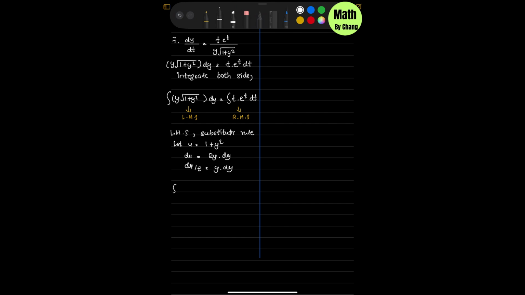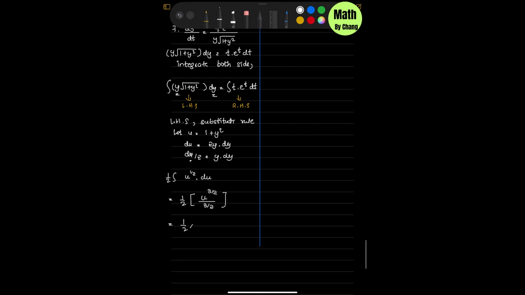So we have the integral of √u, with y dy giving du over 2. So 1/2 goes here, and we add 1 to the power, so 3/2, divided by 3/2.